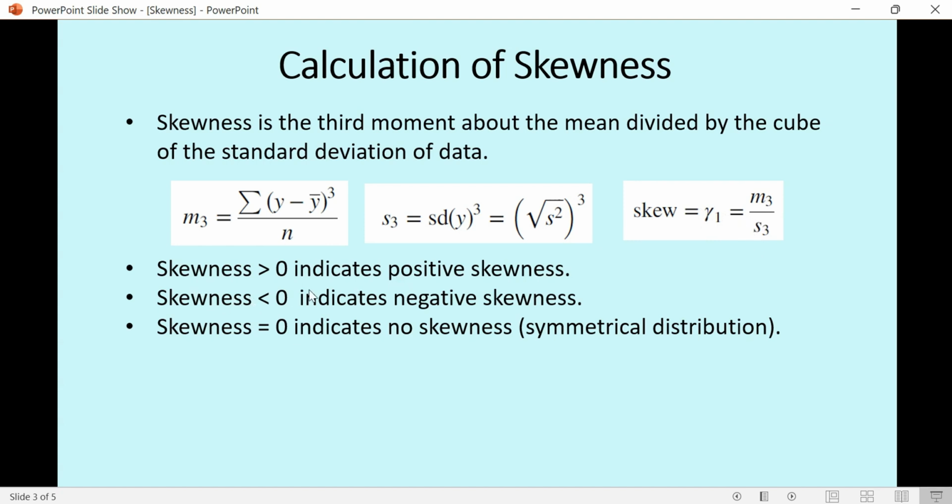If this value is larger than 0, it indicates positive skewness. If the value is less than 0, it indicates negative skewness. And if the value is 0, it indicates no skewness, the data is symmetrical.